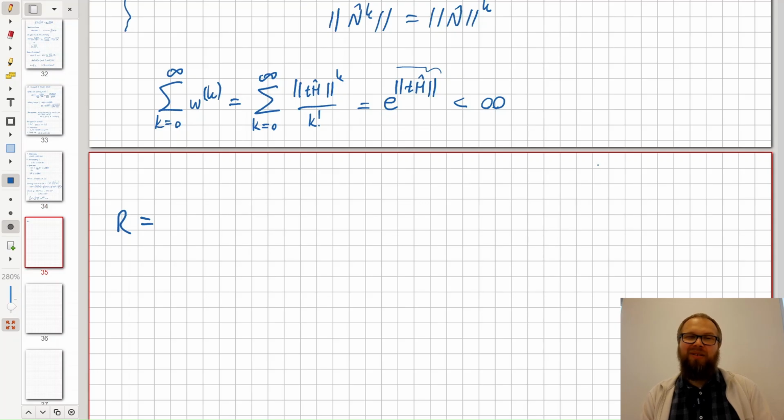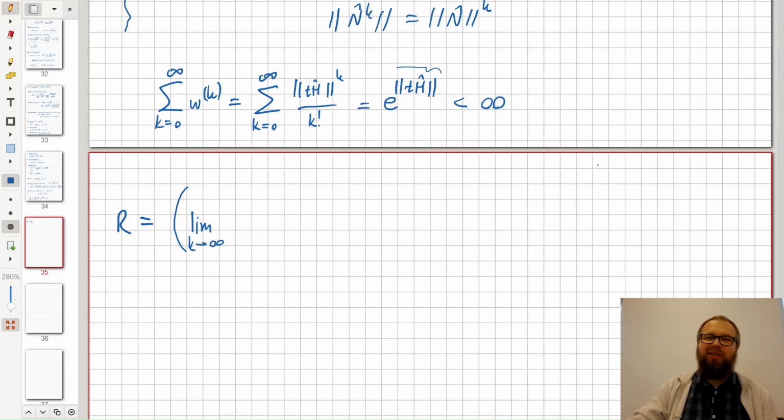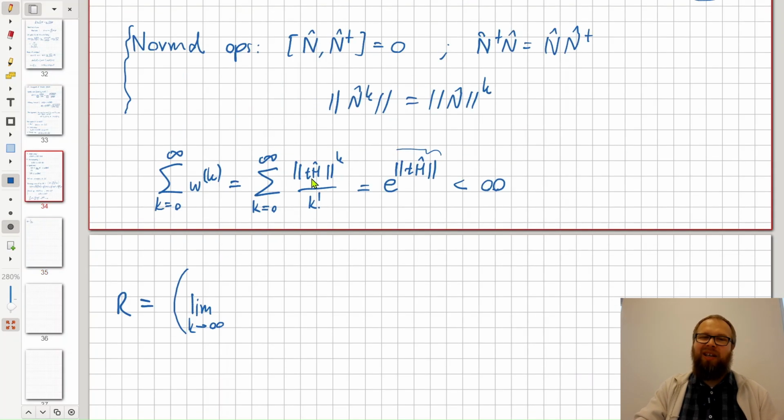But the radius of convergence, because we want to see if this actually depends on t or not. If you remember, the radius of convergence was the ratio test, but inverted, 1 over the ratio test. So it was the limit as k goes to infinity of the ratio test for the power series, which exp is. If we treat this norm here as an argument, then the coefficient is 1 over k factorial.